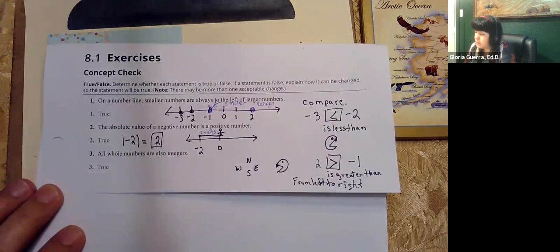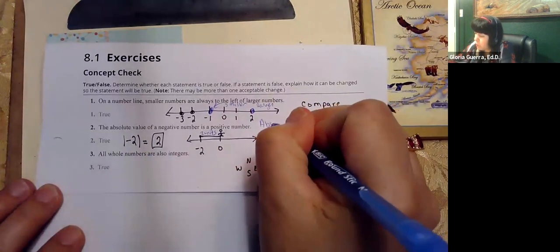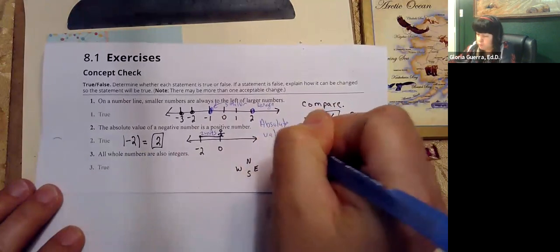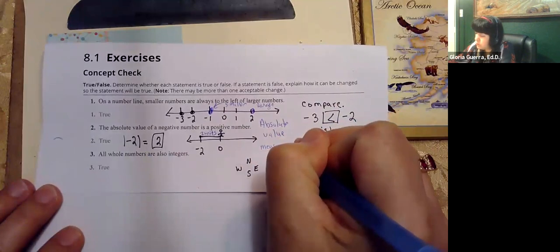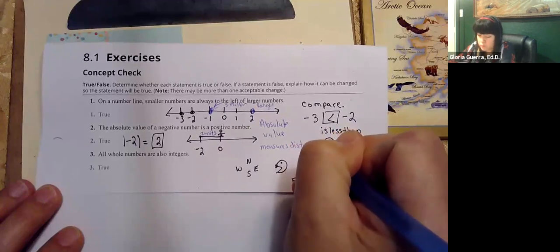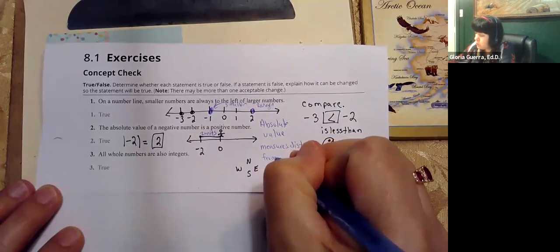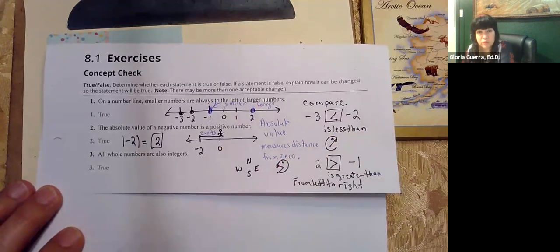So absolute value measures distance from 0.